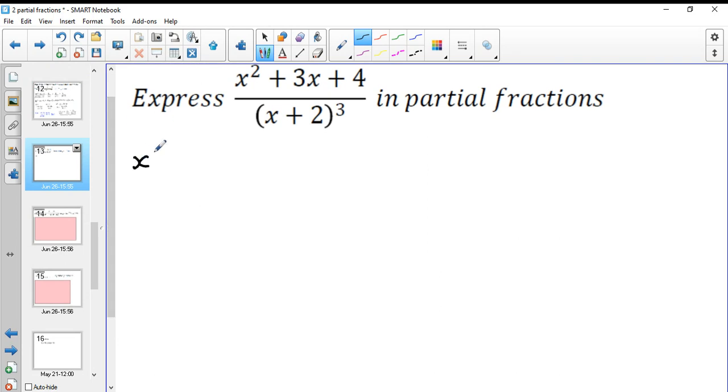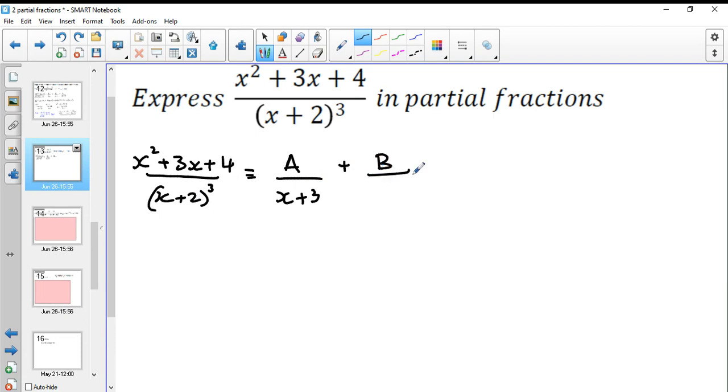So when we set our partial fractions up, we're going to have an a over x plus 2, because this is a factor of that, plus b over x plus 2 squared, because that is a factor of that.